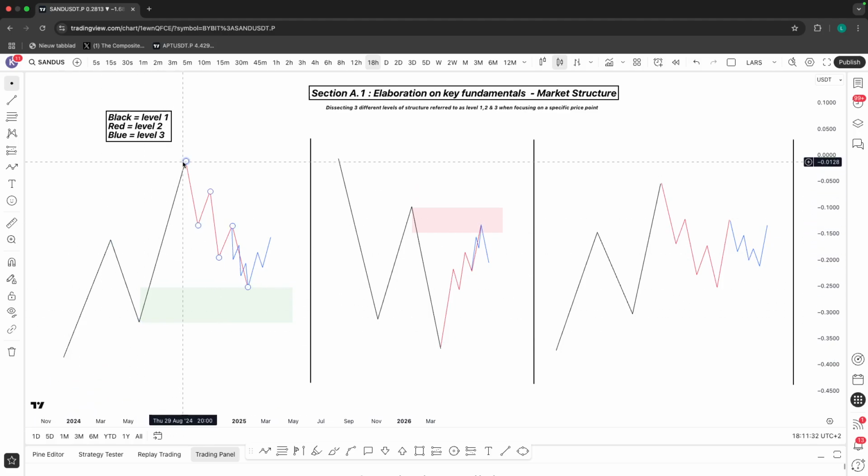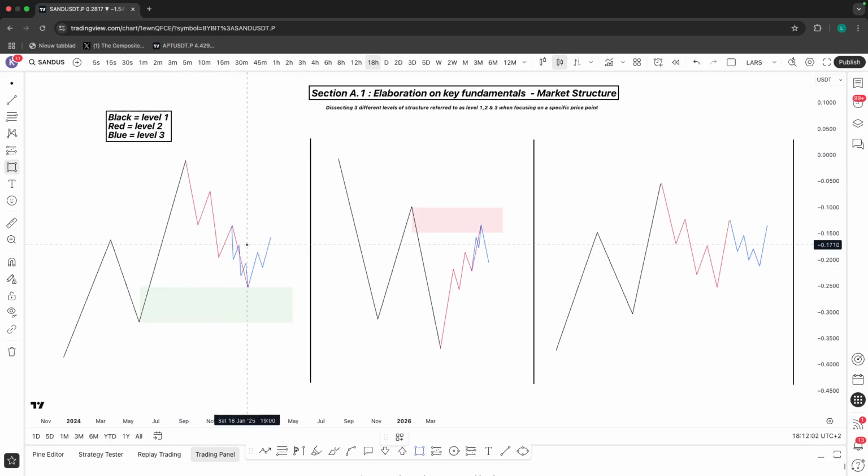If level 1 is trending up and the structure is drawn from bottom to top, level 2 will always be drawn from top to bottom and will be trending down, as you can see right here in red.